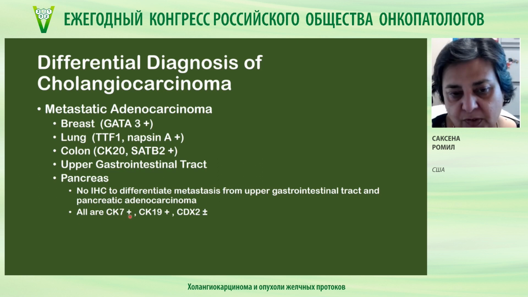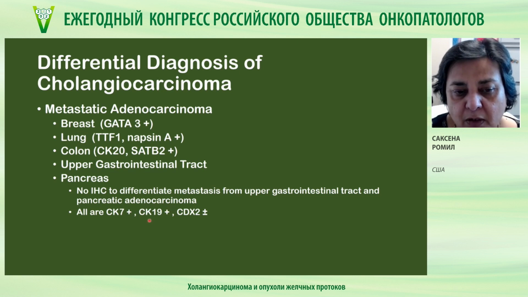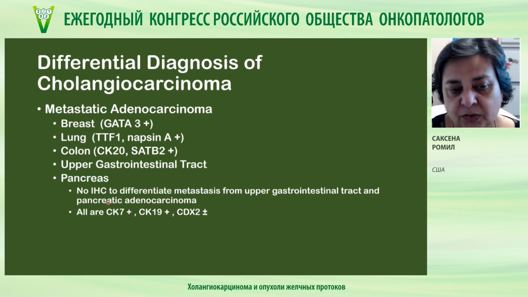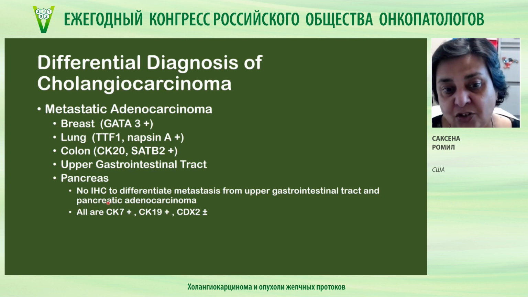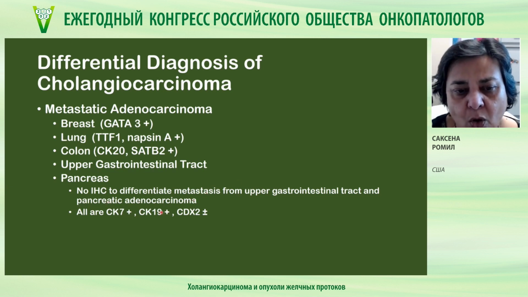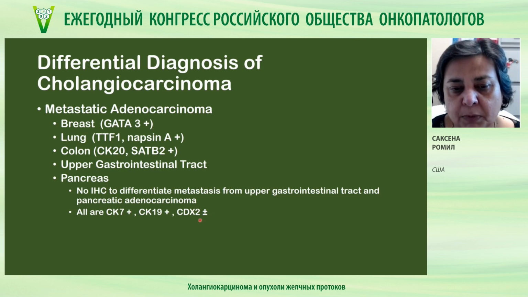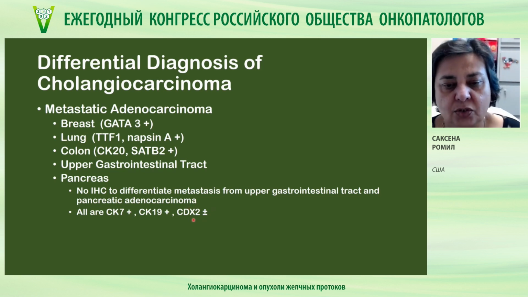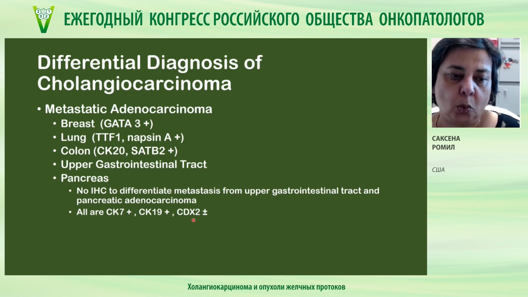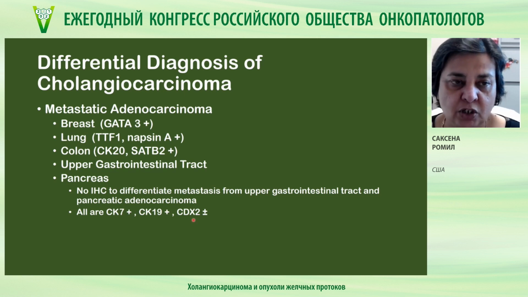They are all positive for CK7. They can be positive for CK19. Pancreas is positive for CK19, so is cholangiocarcinoma. And all of them may or may not be positive for CDX2. So for differentiation of these malignancies, we require clinical and imaging information.